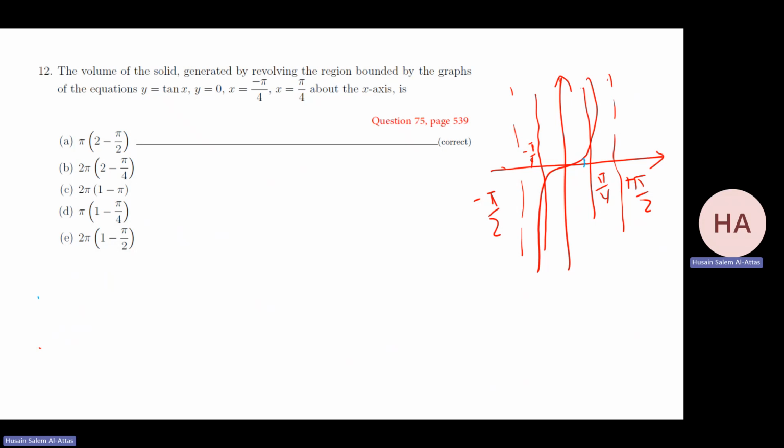So I have r of x. It's revolving about the x-axis. R of x will be tan x. And the area will be pi tan x squared. From where to where?